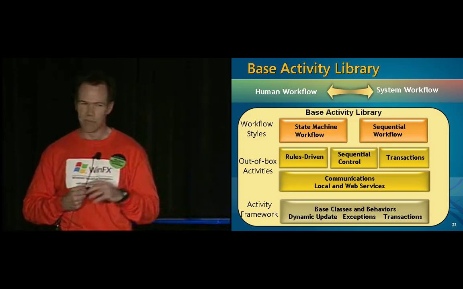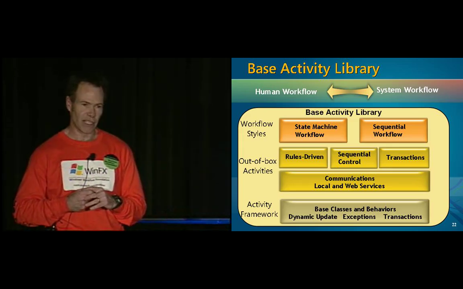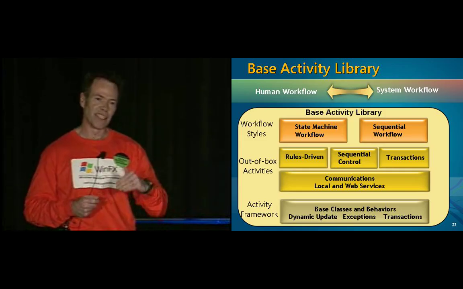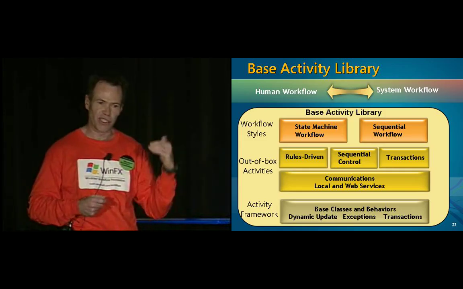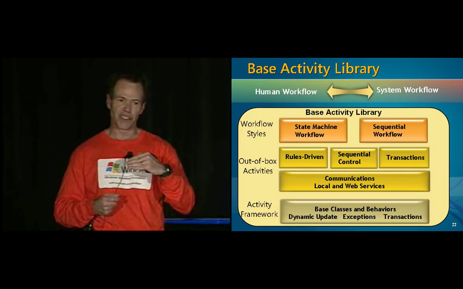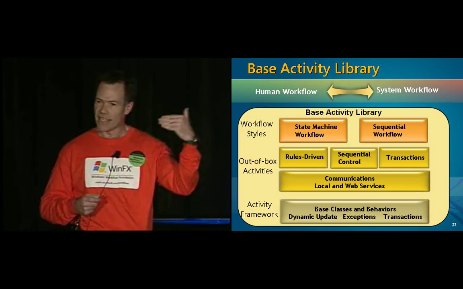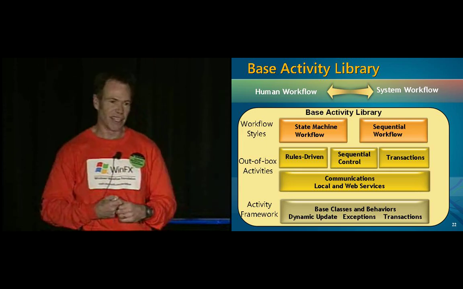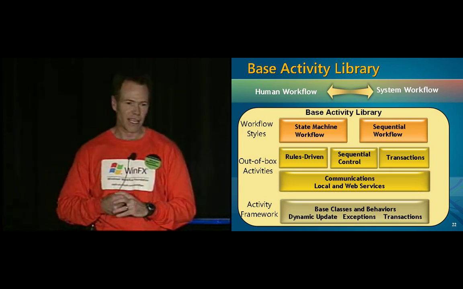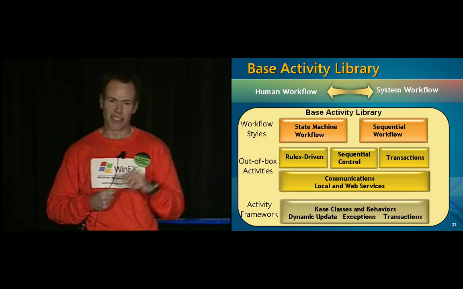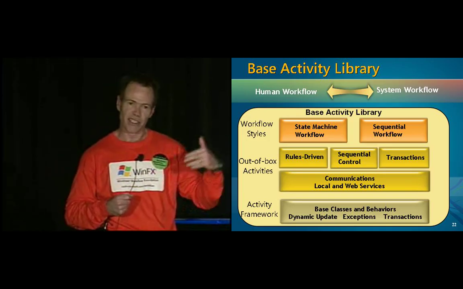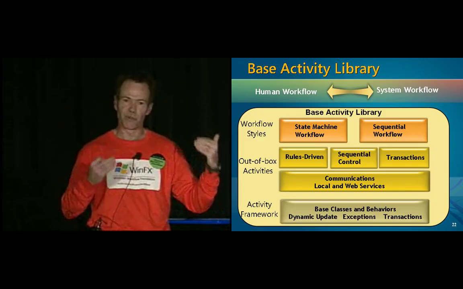We also have rules capability in this base activity library. And you saw a very simple example of that in the first demo that Paul did, where he created what we call a declarative condition. You remember that he tested a property of the workflow to decide which branch to take, in order to decide which person to greet. Remember he mentioned you could define that condition in code, but you could also define it the way he did, as a declarative rule.